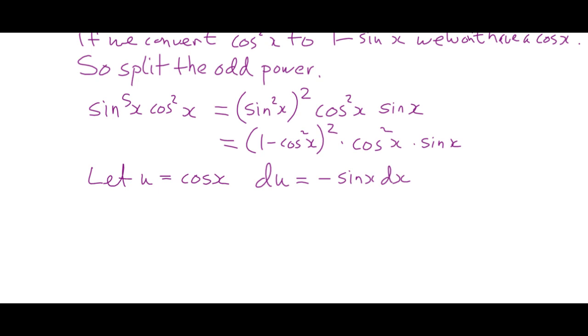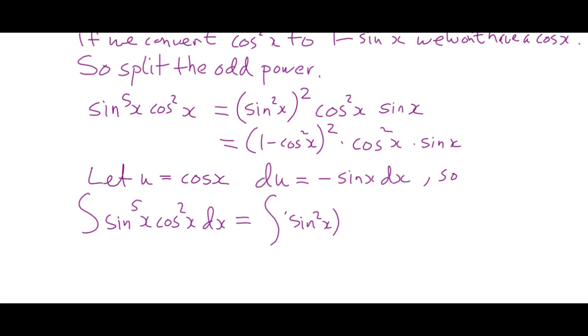So let's rewrite the integral. The integral of sine to the fifth x cos squared x dx is equal to the integral of sine squared x, quantity squared, times cos squared x times sine x dx.